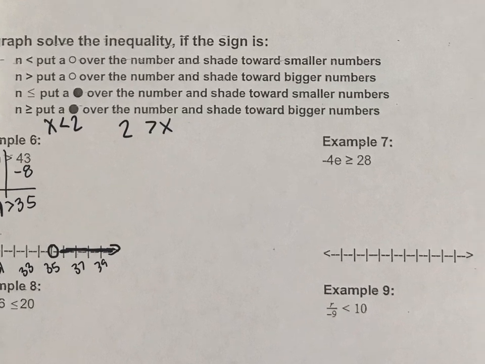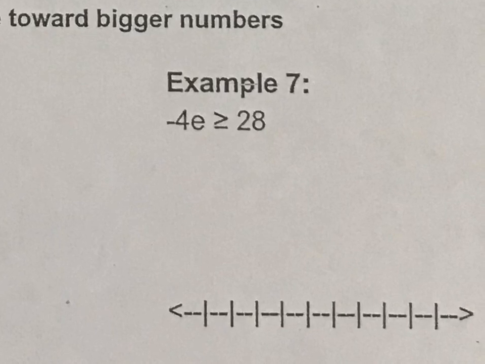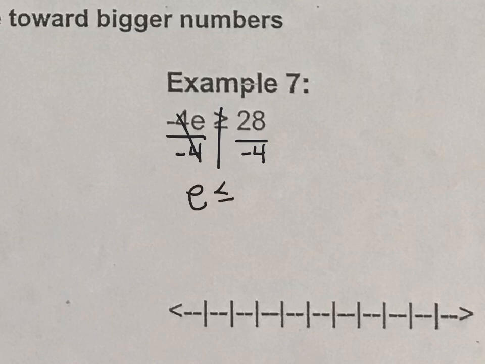Okay, example 7. Negative 4 and E are what? So what's the opposite? Dividing. Divide by negative 4. We have E. We're going to flip the sign. 28 divided by negative 4 is negative 7.